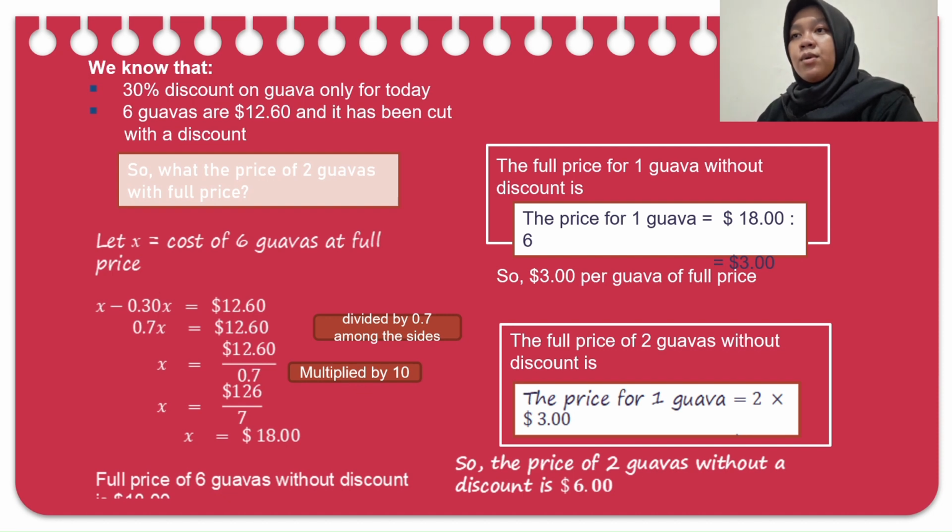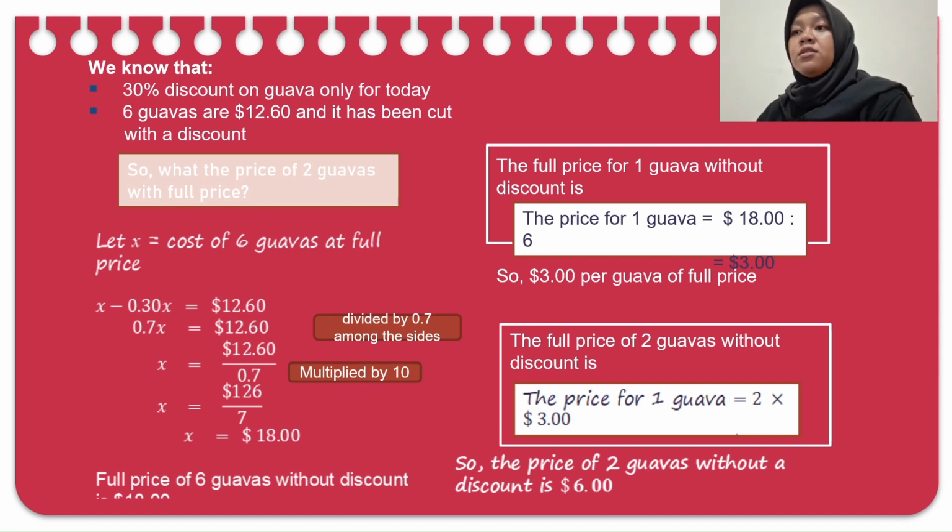$12.60, and we divide it by 0.7 on both sides, and we have x is $12.60 over 0.7, and we multiply it by 10, and we have x is $18.